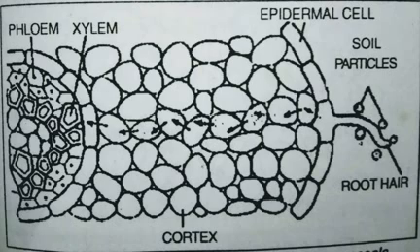The upward movement of water and minerals from the root towards the top of the plant is known as ascent of sap. This ascent of sap may be affected by different factors, like root pressure, capillary action, or the transpiration pull.